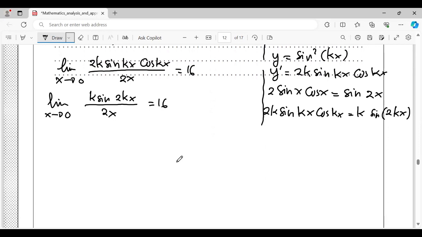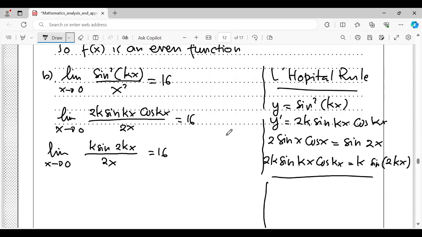And after that, yeah, find the derivative as well. The first derivative is this step. After that, the second derivative on this step.